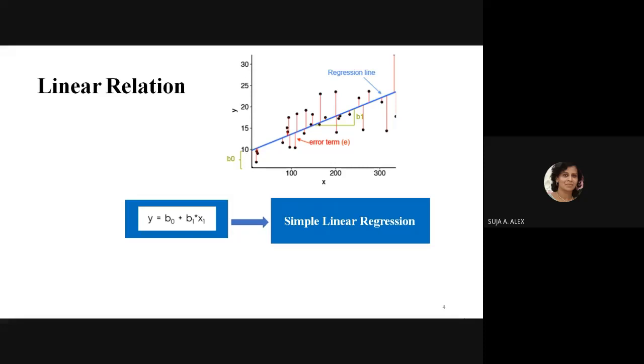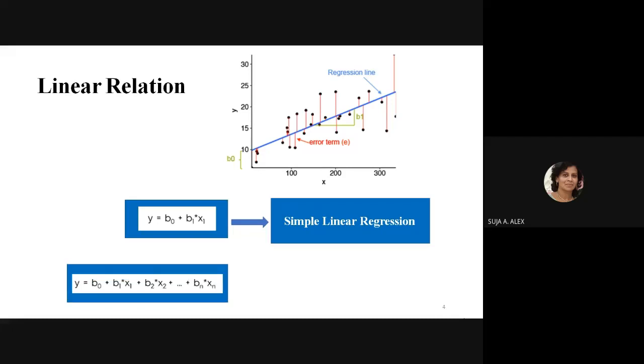So here x1 is the independent variable, b1 is called the coefficient estimated by the regression, b0 is called the intercept also estimated by the regression, and y is called the dependent variable or the output variable. So the value of y is determined from b0, b1 and x1.